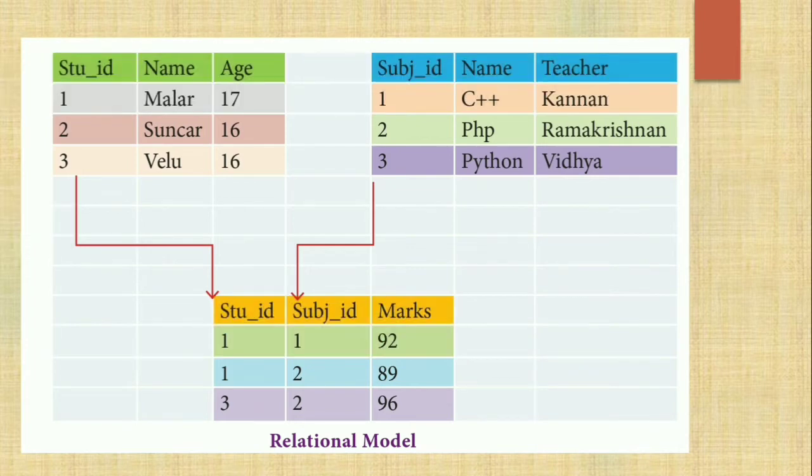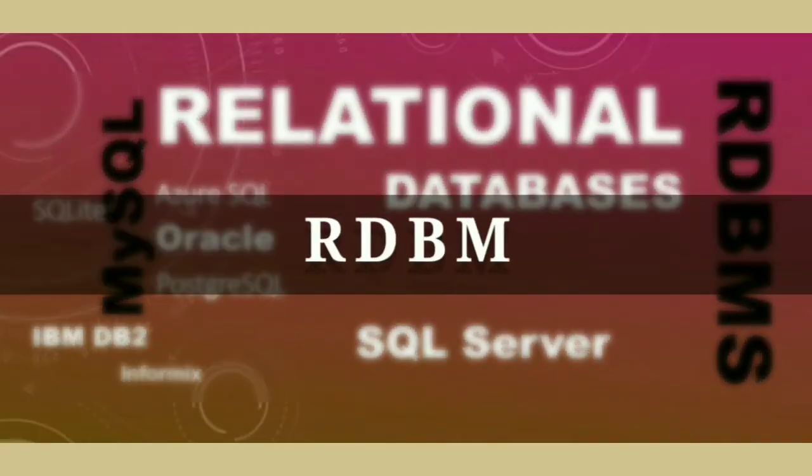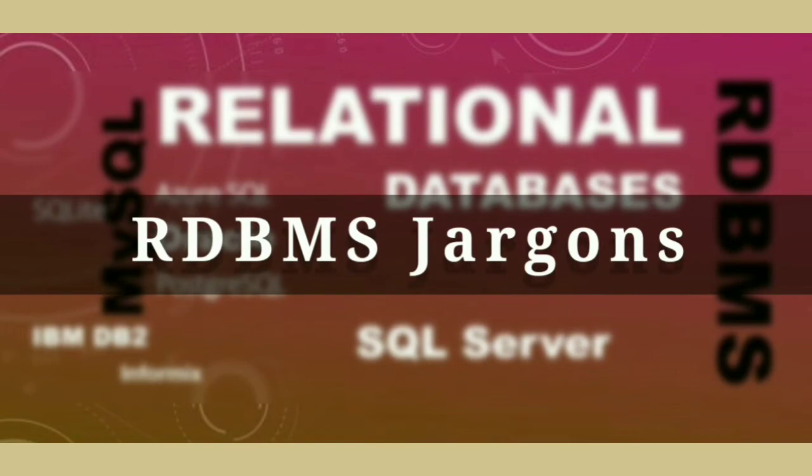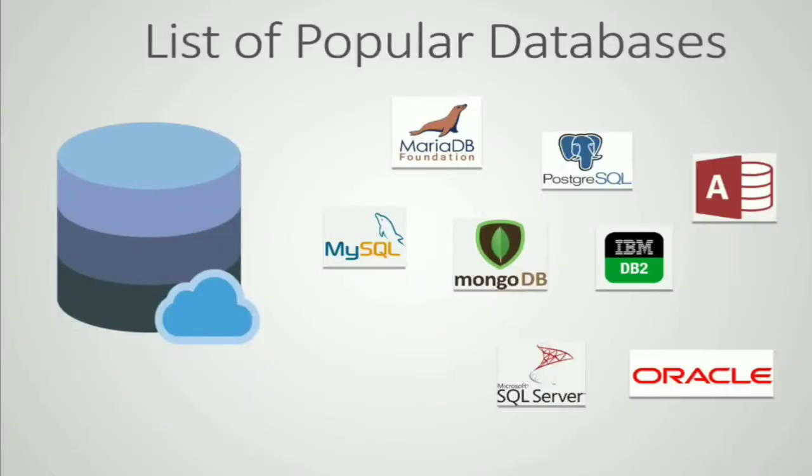So we are going to learn about this relational model, that is RDBMS. Now let's see what RDBMS jargons are. The first topic is database. There are so many popular databases, for example MariaDB, MySQL, MongoDB, Oracle, SQL Server, and many other database software.